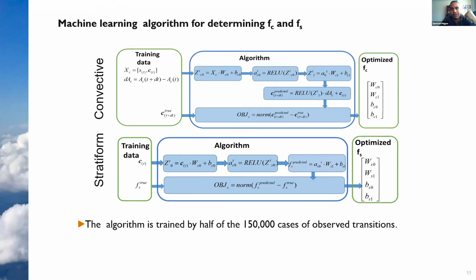You have the change in convective area fraction, you have the true change in convective area, and you have a ReLU activation function, a single hidden layer machine learning algorithm to optimize F_c, and the same for the stratiform area as well. So we have a lot of data that have been collected over many years, so we were able to train and test this model.